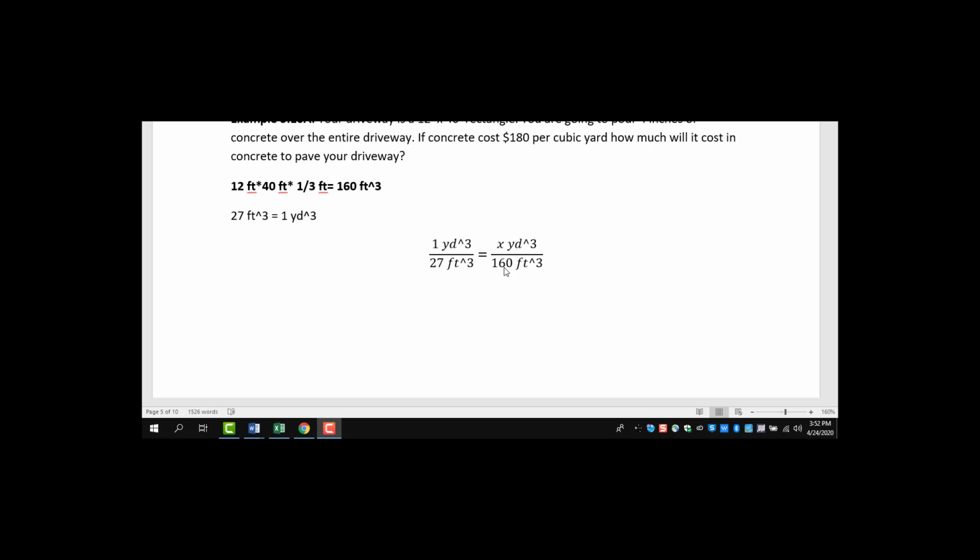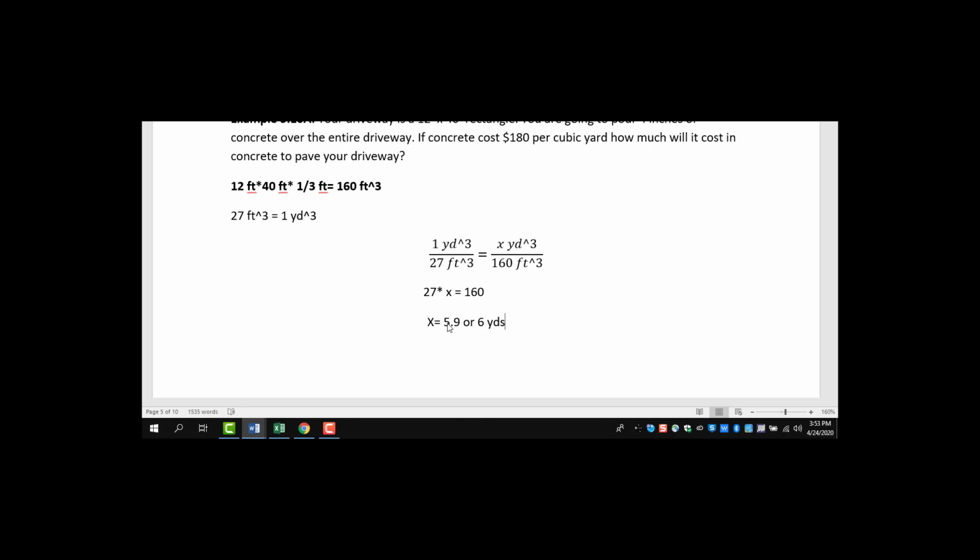And now here is how many cubic feet I need. So I'm going to cross multiply and divide. When I cross multiply, I'm going to get 27 times x equals 160. Divide both sides by 27, and I get x equal 5.9, or basically 6 yards.